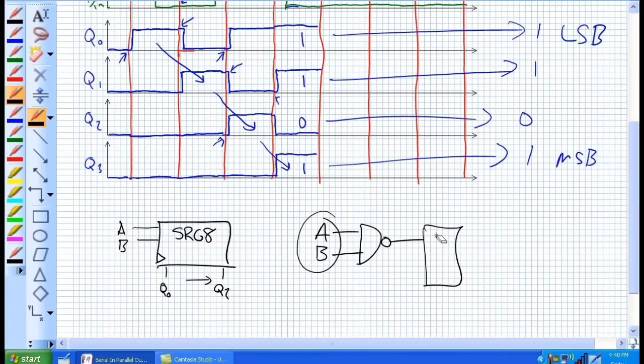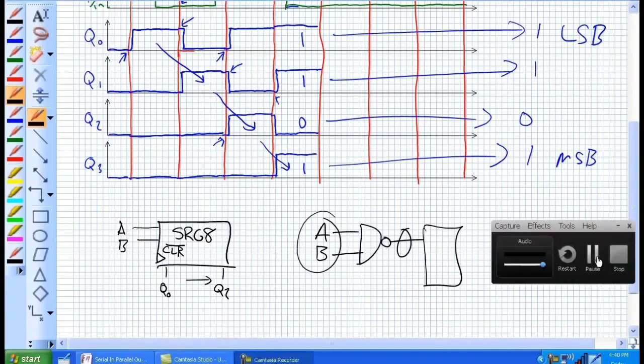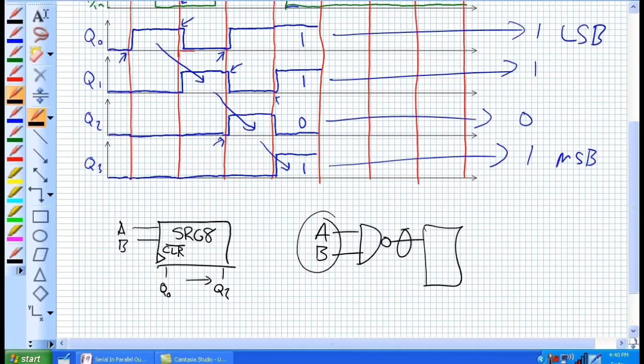But just think of it as A and B combined as a NAND, and that logical combination is your single door into the bus. There's also a clear, which I believe is asynchronous. Let me go check a data sheet. Asynchronous clear, active low. Okay, that is about it for serial in, parallel out shift registers.